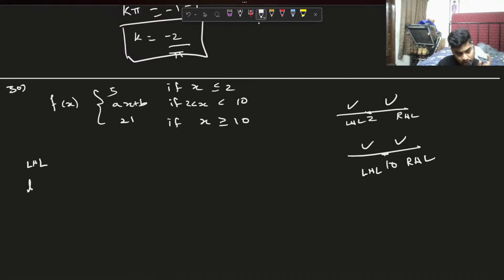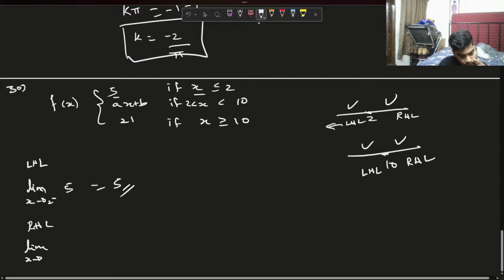LHL for 2, so limit x tends to 2 minus, so it is lesser than 2. So LHL, this is x, so 5, limit of 5 which is used 5 as it is. RHL, limit x tends to 2 plus.